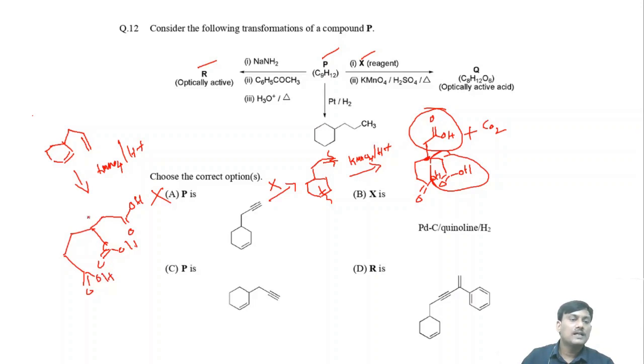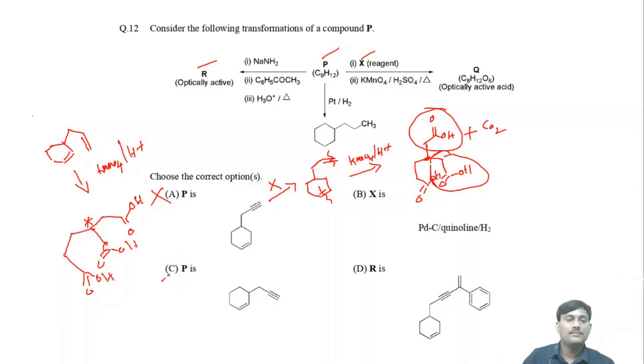So this carbon is an asymmetric carbon. If you take the groups which are attached to this carbon, all are different groups. This one is different, this one is different, and this one is different. So this one is correct.